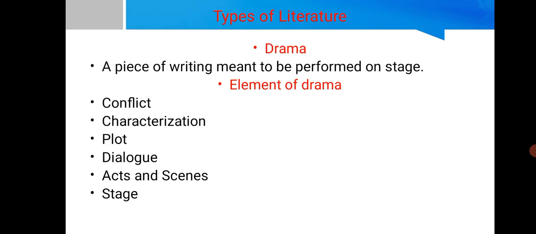Some of them have the same sizes. So if you don't look out for the unique elements or characteristics or features, then it becomes difficult to distinguish between a prose and a drama.